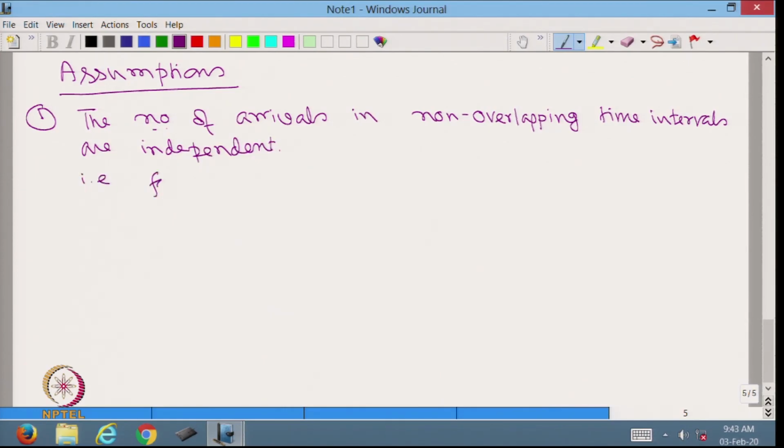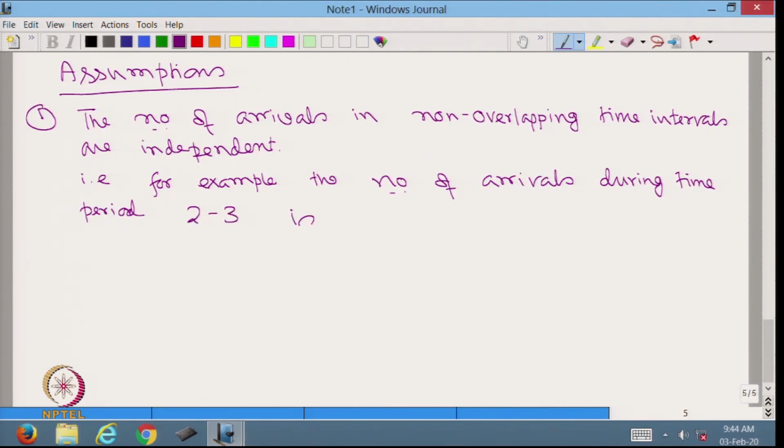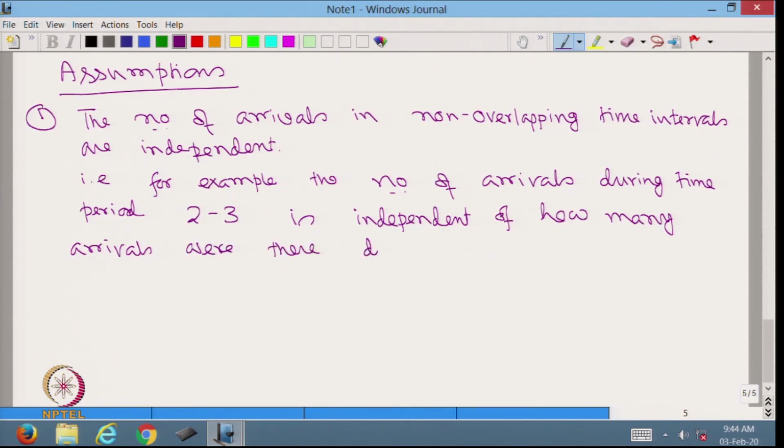That is, say for example, the number of arrivals during time period 2 to 3 is independent of how many arrivals were there during, say, 1 to 2 or 0 to 1.5, etc.